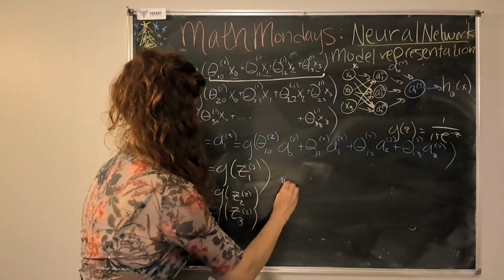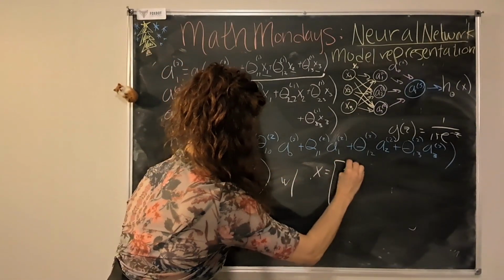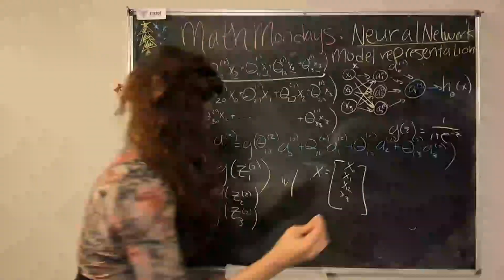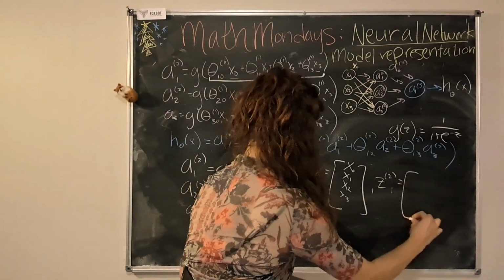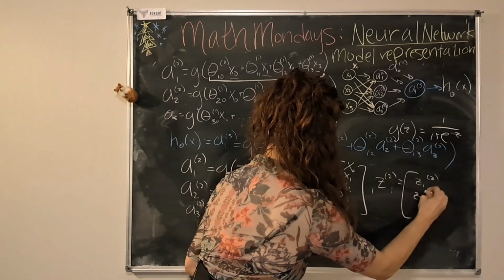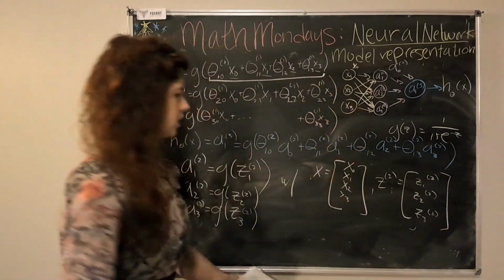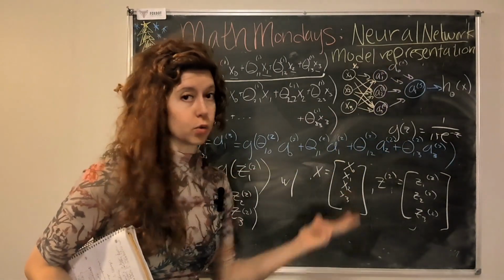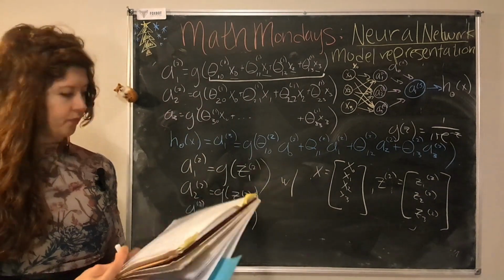And in this case, x is your vector input, x0, x1, x2, x3, and z of 2 is just z1 layer 2, z2 layer 2, z3 layer 2. So this tracks your inputs, and this tracks the number of nodes that you have in a particular layer, in this case our second layer.